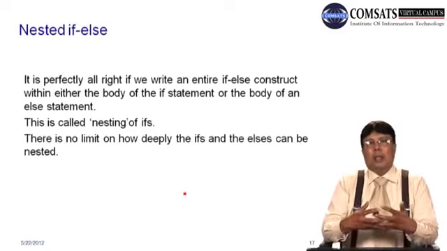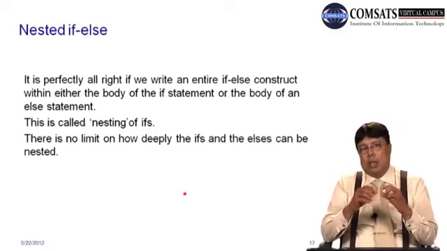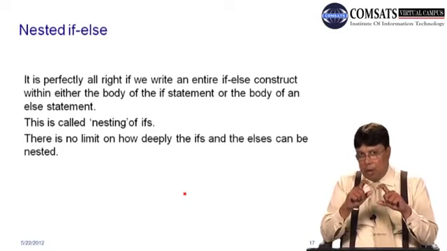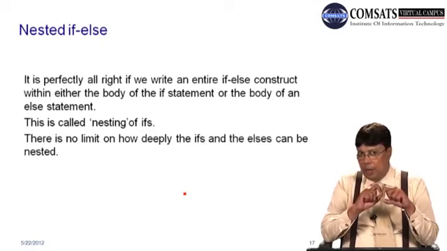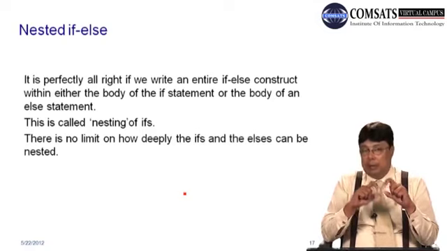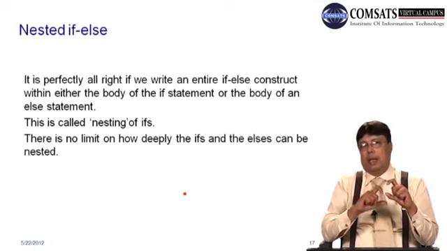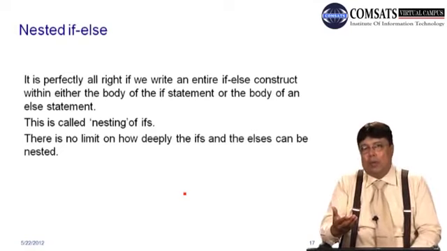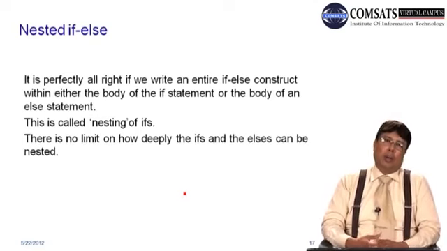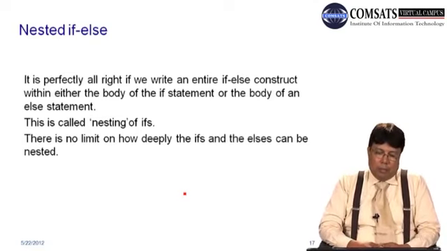Now, what we just discussed is that if has first of all a test. If it is true, then you have a body of the if statement. If it is false, then the body of the else statement. First the upper body of if, after that the body of else. So either it will execute the body of if or it will execute the body of else.